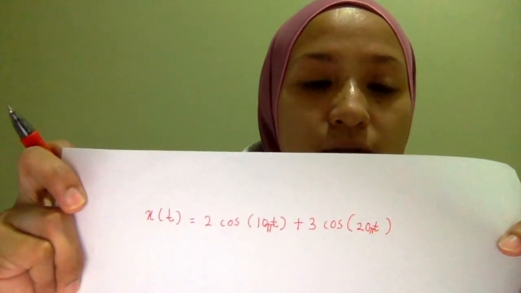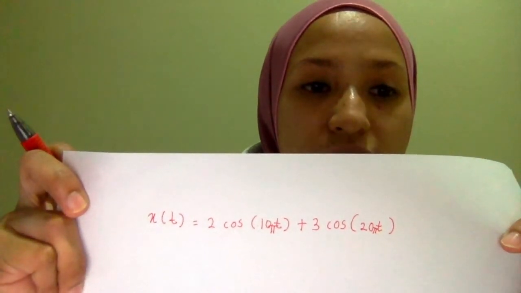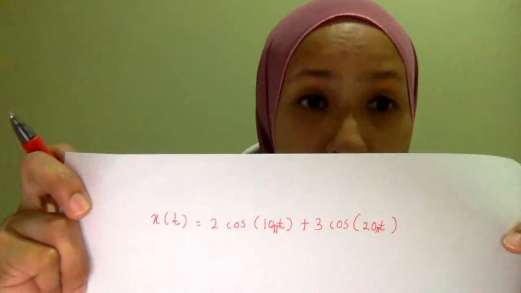So your first omega m is 10 pi, your second omega m is 20 pi. So omega s is equal to 2 pi over T. T is actually the sampling period. Let's say it is not given in the question. You can get it from your Fs, so Fs equal to 1 over T, so T equal to 1 over Fs. Alright, so the sampling period T must be less than pi over omega m.